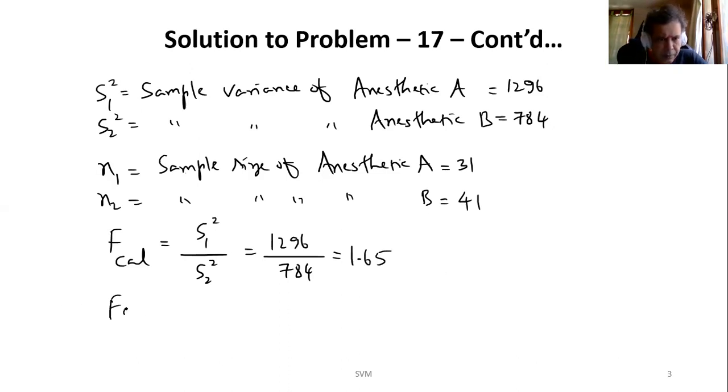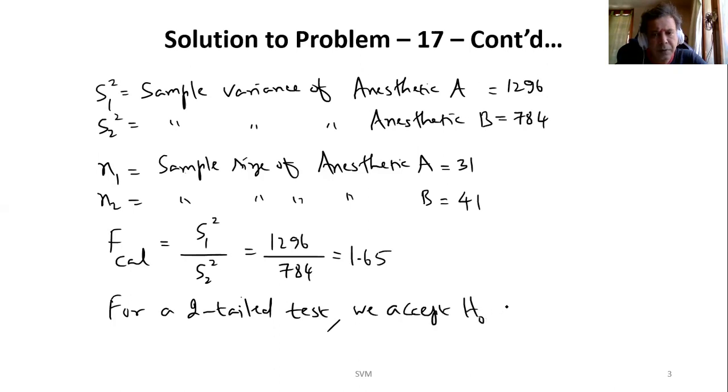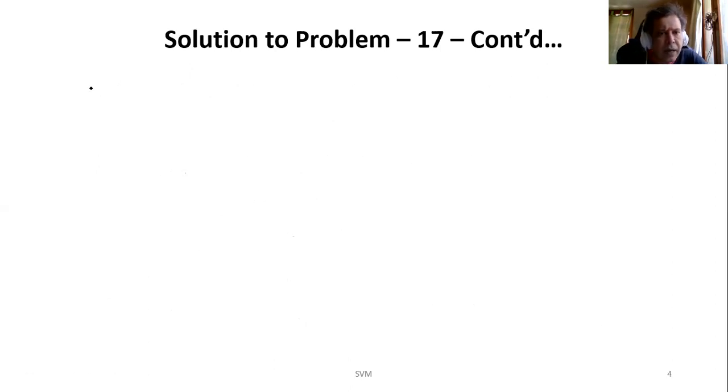Now, how do we infer? For a two-tailed test, we accept the null hypothesis if C1 is less than or equal to Fcal, which is less than or equal to C2. Now let us describe what C1 and C2 are.